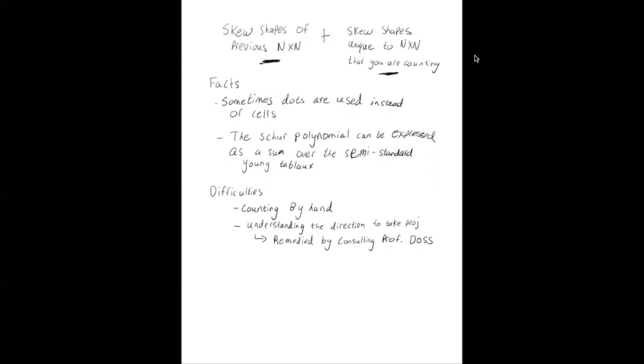Some difficulties we had were counting the skew shapes by hand, and also understanding which direction to take the project. These were both remedied by consulting with Professor Doss. Ultimately, this was a fun experience that pushed us all to think more critically about higher level math. Thank you.